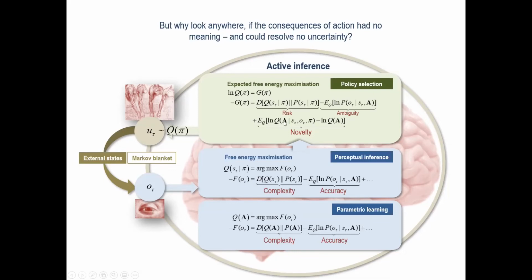So there is a novelty here just by looking around and seeing what would happen if I did that. Now that can be quantified in terms of the intrinsic value due to information gained about the likelihood mapping, or the parameters of my generative model.